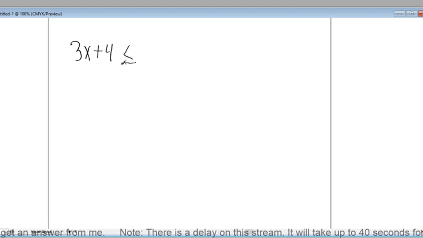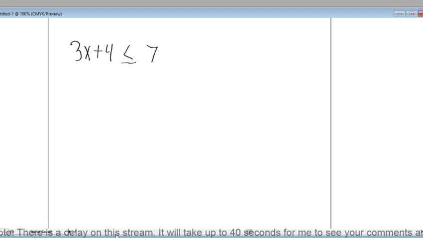That little line underneath the inequality means or equal to. Once again, same structure that we've been seeing through all of our examples. We have some expression with a relationship to another expression. The relationship here is that it must be less than or equal to 7.